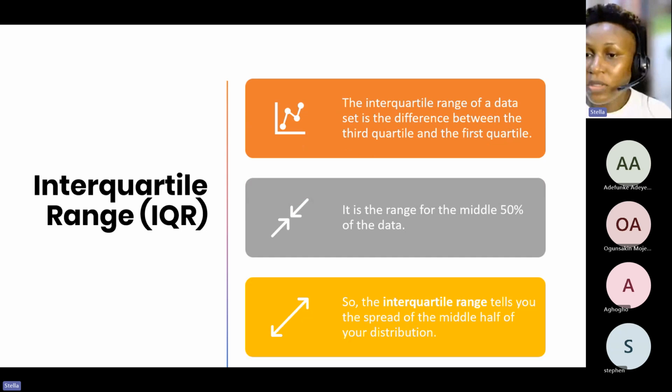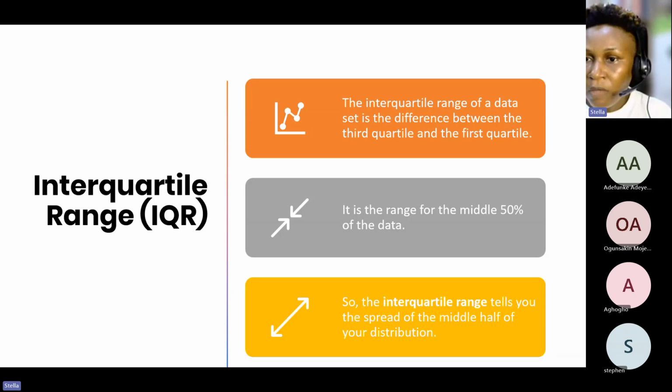Now, when we look at the interquartile range, what do we mean? What are we talking about? We're talking about a range of data, like the distribution of our data, right? Around the mean, which is still part of descriptive statistics.